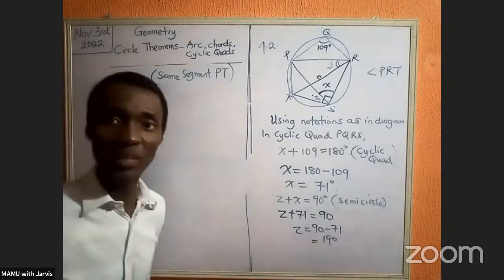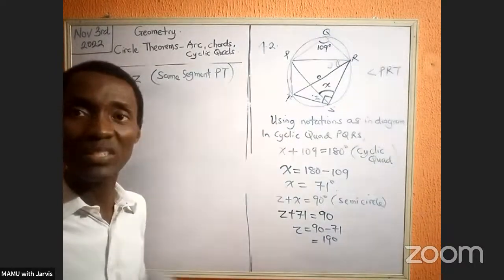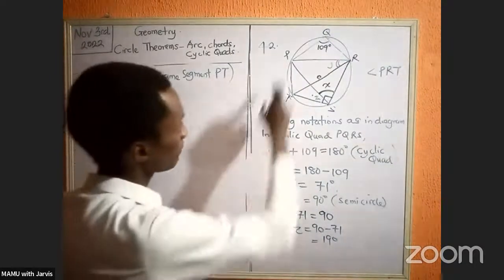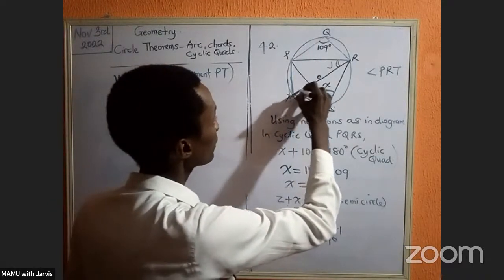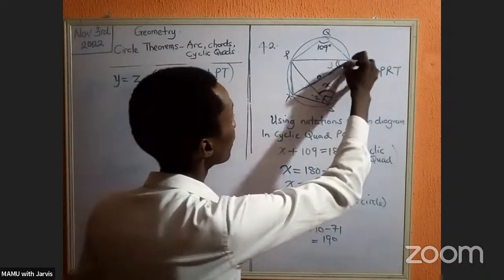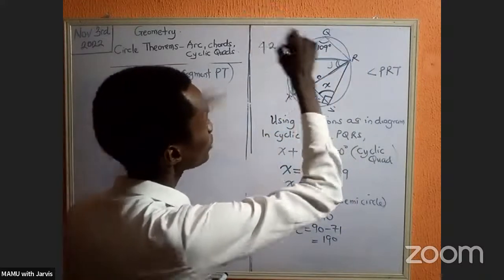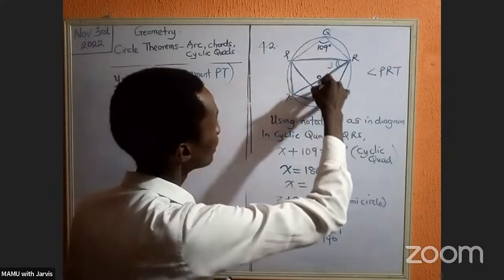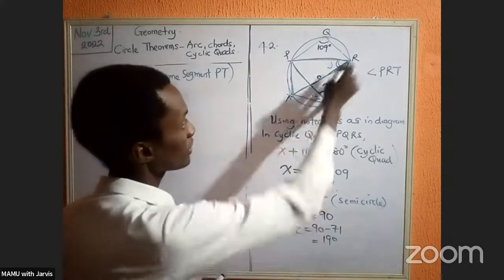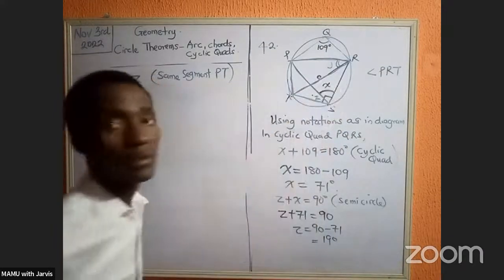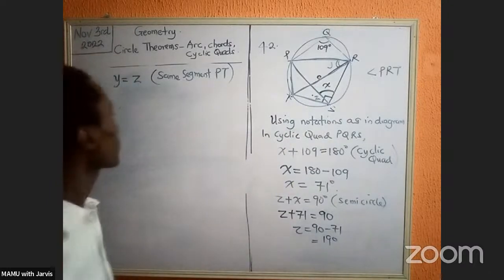I'm being emphatic, putting the segment so that when you're revising, you know the segment you're considering. Same segment, PT. Look at the drawing. Watch me closely. So same segment means that this angle will be equal to this angle here. Is that clear? Right, so that solves that question.